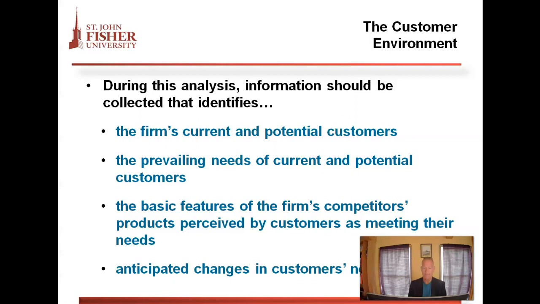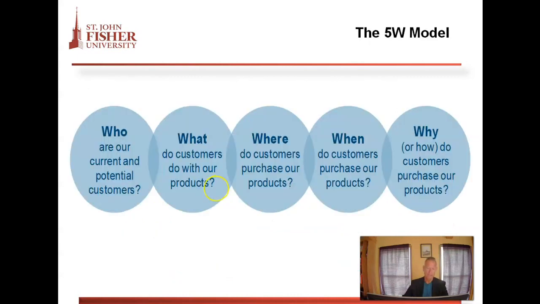So we've got to take a look at our basic features of our competitors and who their customers are, because our competitors' customers are usually one of our best targets to become our current customers. We also have to look at changes in customers' needs in order to develop new products, new distribution systems, etc. So we look at the 5 why model.